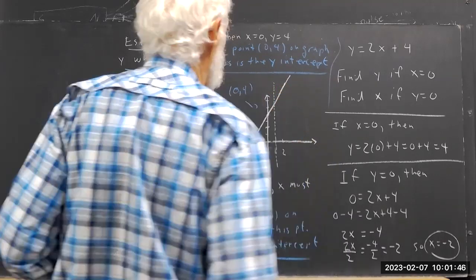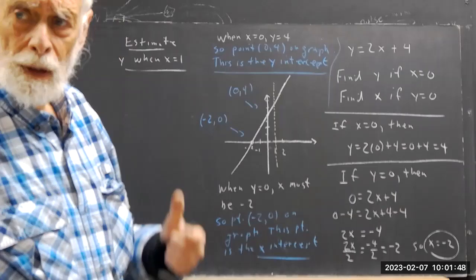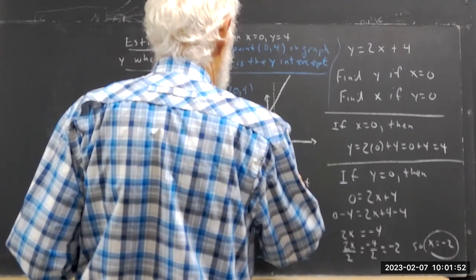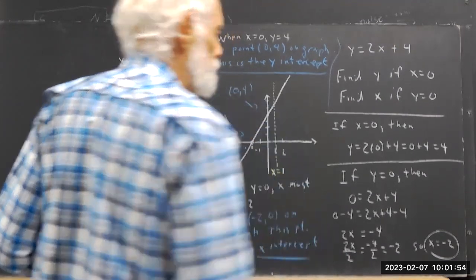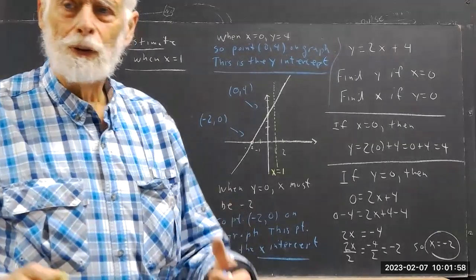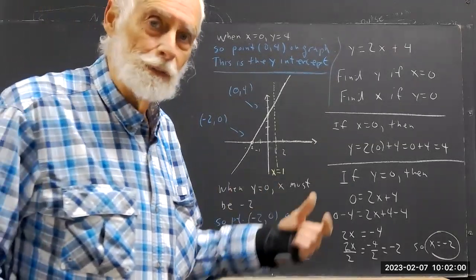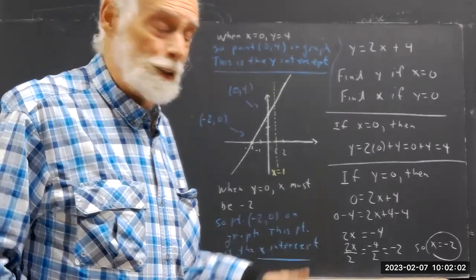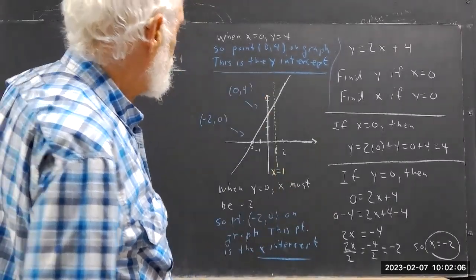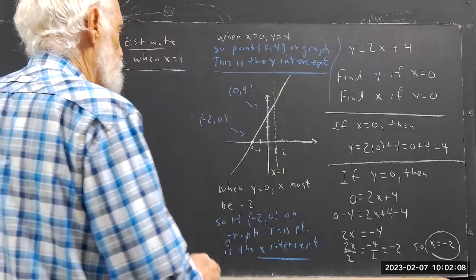And if you're doing an estimate, it would be best if you would label this line x equals 1, because that gives you a deeper understanding of what the graph is telling you. And you're less likely to miss something important if you actually do this.